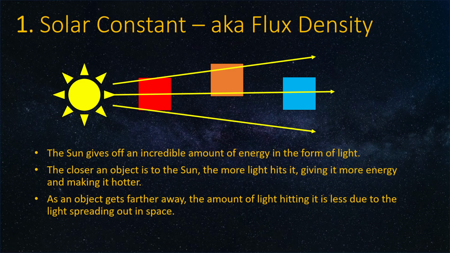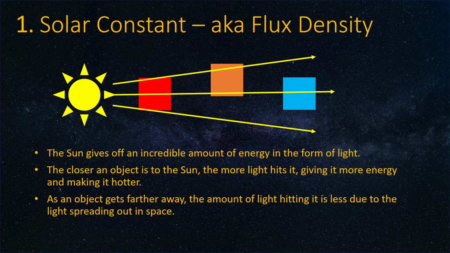So if I've made reference to that in previous videos or lessons, technically I'm a little bit off on that, because the solar constant is defined to be the flux density for a star at 1 AU from that star. Now that's a bunch of astronomy stuff, but basically the solar constant really only is technically correct if it's around Earth's orbit, talking about the sun, or the equivalent location in another star system.